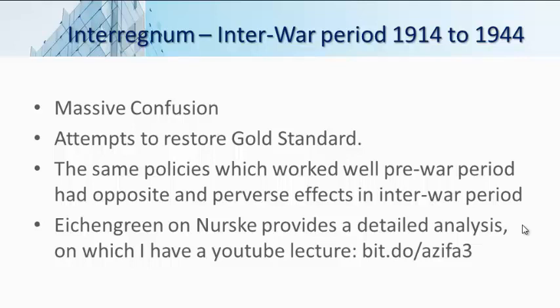But now, as we have studied, the same policies which worked very well in the pre-war period failed to work in the interwar period. And we have gone through this in detail.